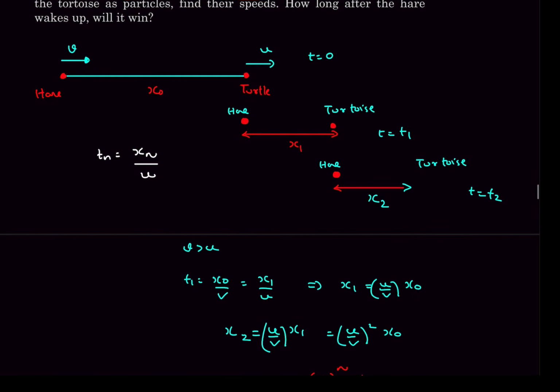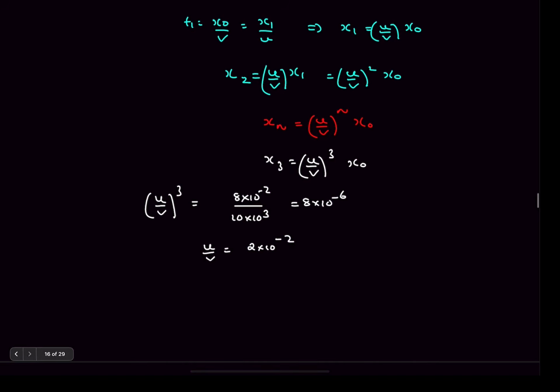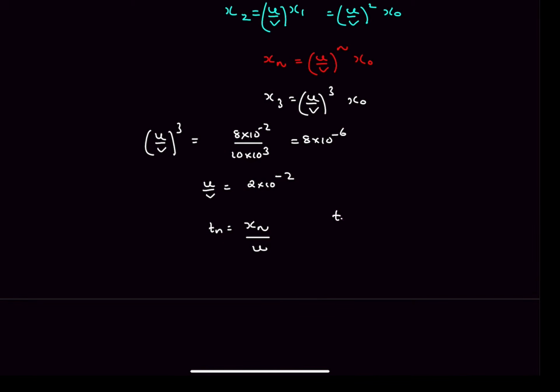Now xn we can easily get from this relation. So t7 is going to be x7 divided by u, and x7 is nothing but u by v to the power 7 times x0, which is 10 kilometers, divided by the turtle speed u. So we finally have t7.